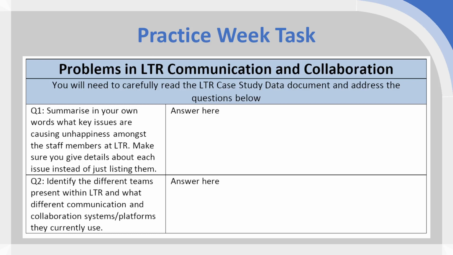The issues are fairly clear, by the way. They are scattered throughout the case study data document, but they're fairly obvious. You're not likely to miss them as long as you are reading through the document carefully. The goal here isn't to try and trick you. You just need to read through and think about what's actually being said at LTR.